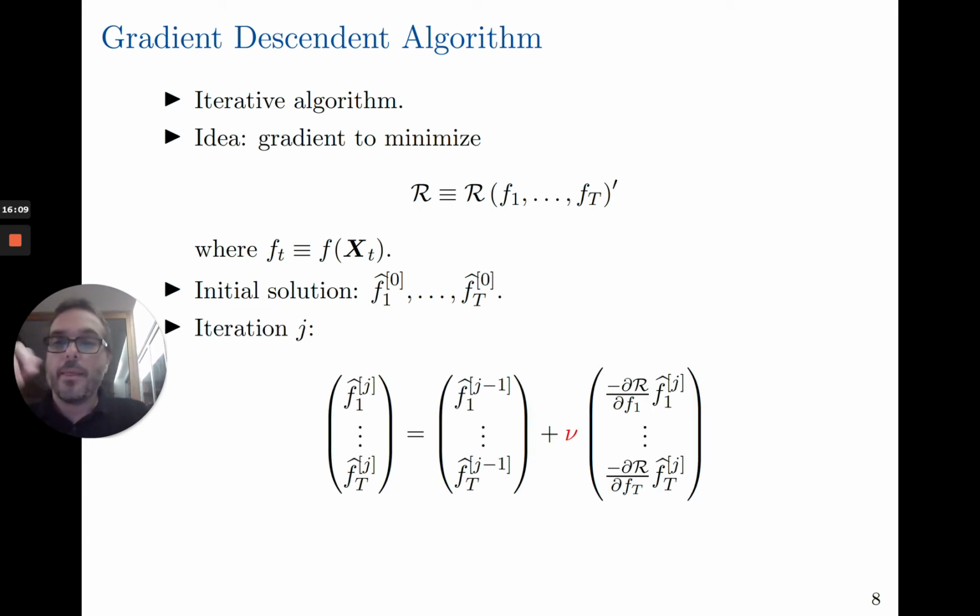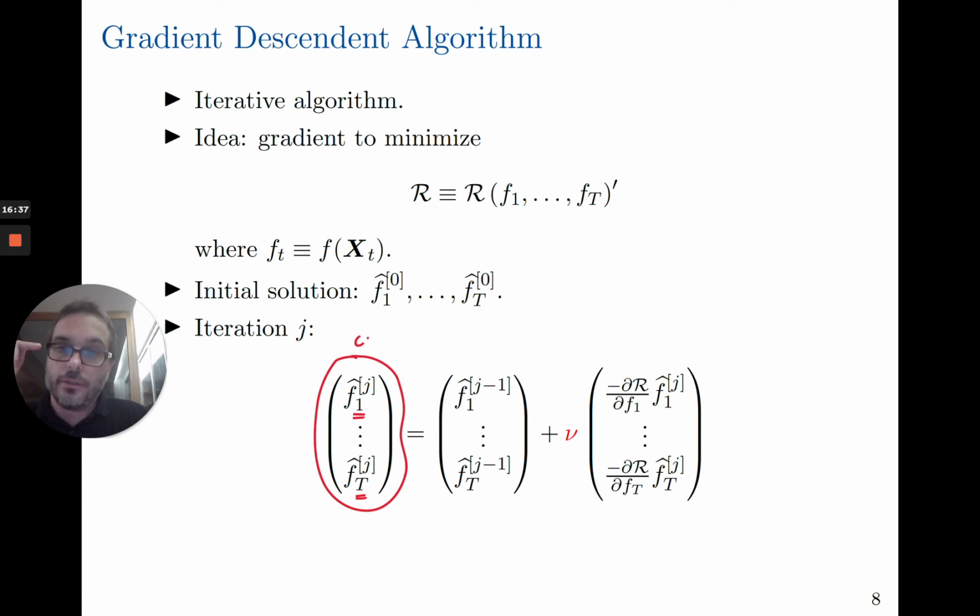Okay, and at every iteration you're going to update your function. So this is your approximation for each time period or each unit that you have in your sample. At iteration j, your estimated model is going to be the estimated model from the previous iteration.